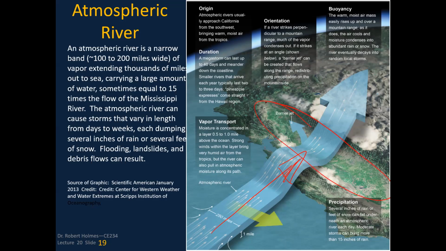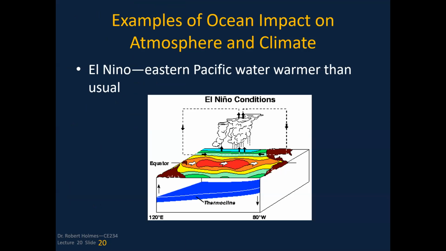So these atmospheric rivers provide an amazing amount of rain in a short period of time, so they can result in flooding and landslides and other kinds of phenomena.